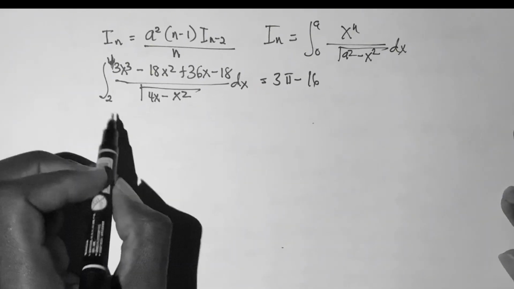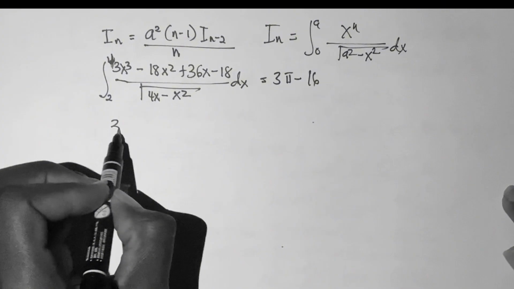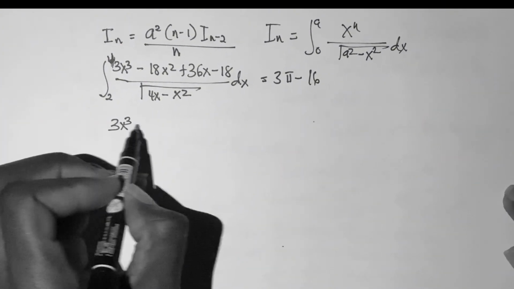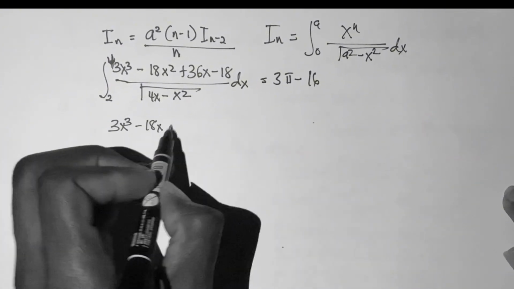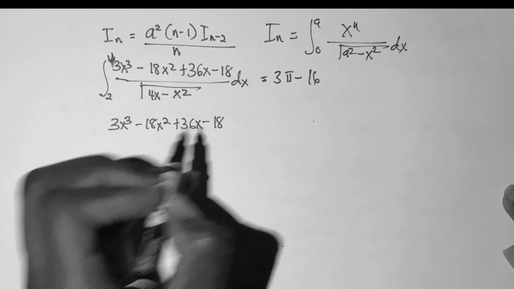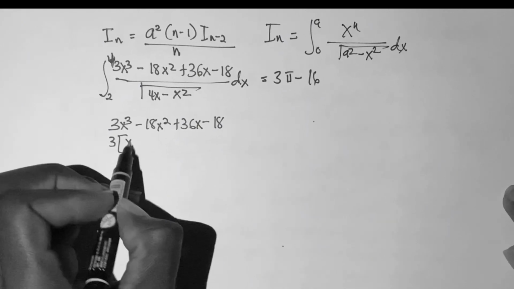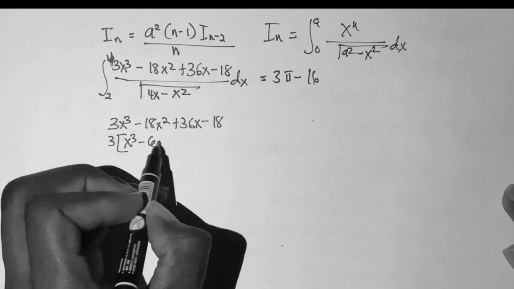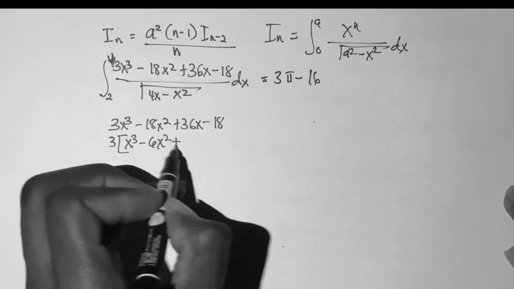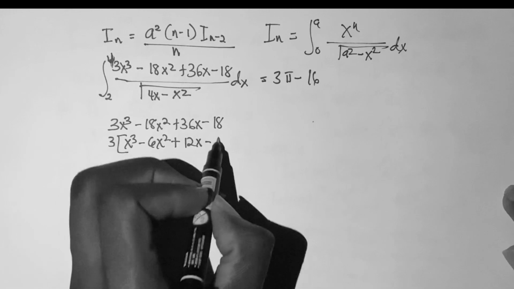So let's take this numerator and then complete the squares. So 3x cubed minus 18x squared plus 36x minus 18. Let's factorize 3 out. We are left with x cubed minus 6x squared plus 12x minus 6.